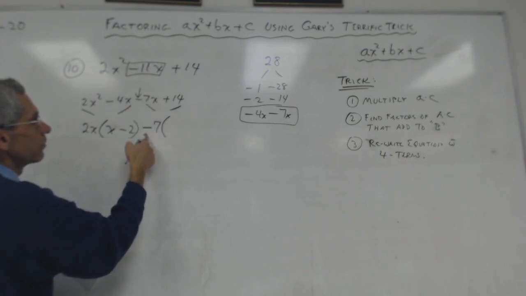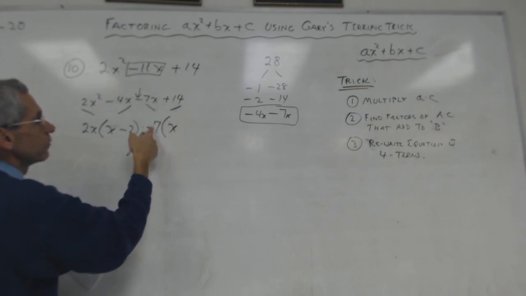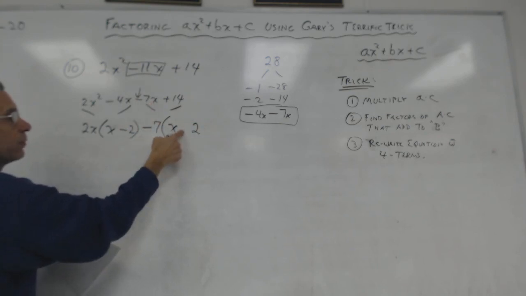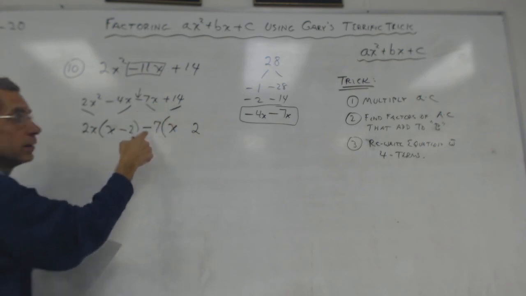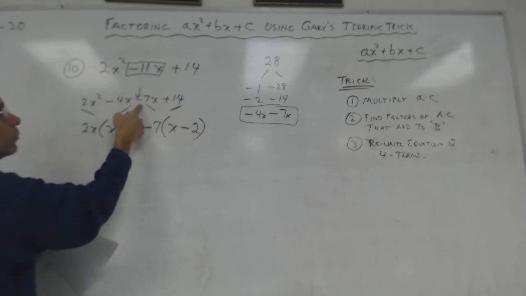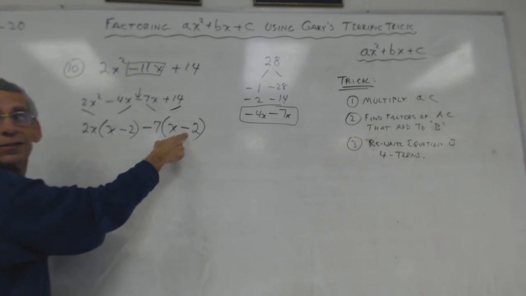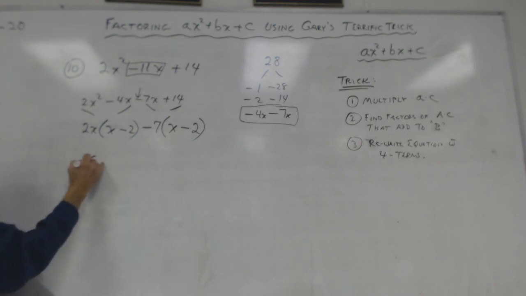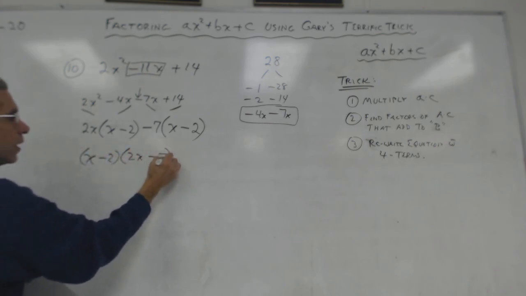So suddenly 7x divided by 7 is x, right? And then 14 divided by 7 is 2. But what would this have to be for negative 7 times 2 to be positive 14? It would have to be negative. So when the groups are combined by a negative, you have to change the sign inside the parentheses. Okay? And look, x minus 2, 2x minus 7. You got it. Okay?